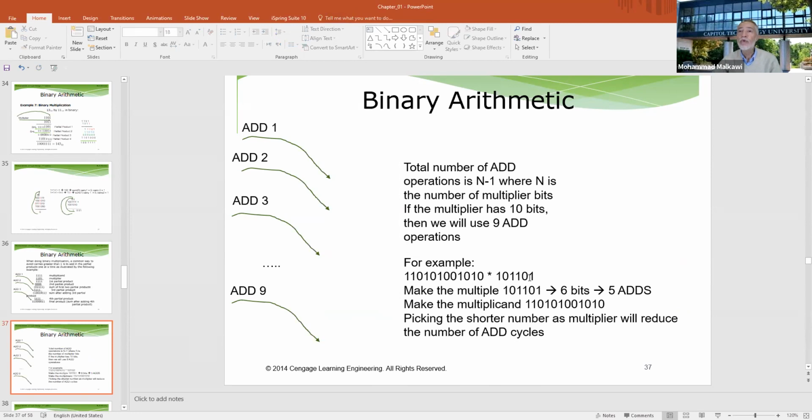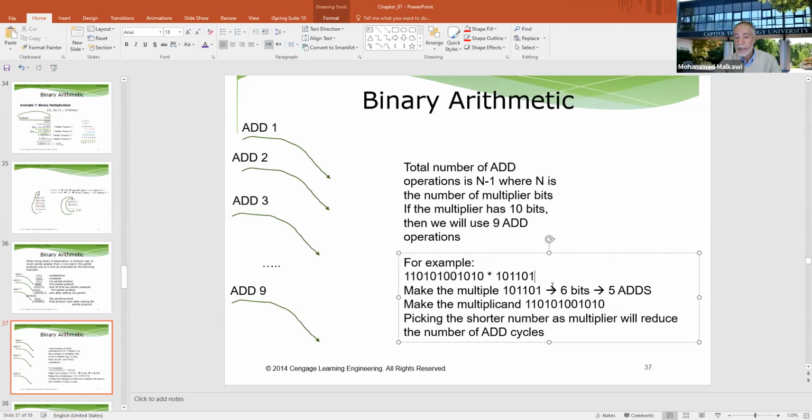So every time I multiply this one with this guy, that's number one. Then I do 0 multiplied by this. Now note that if it's a 0, I will just make the partial product equal the first one shifted to the left.